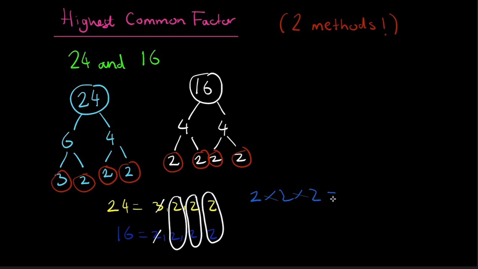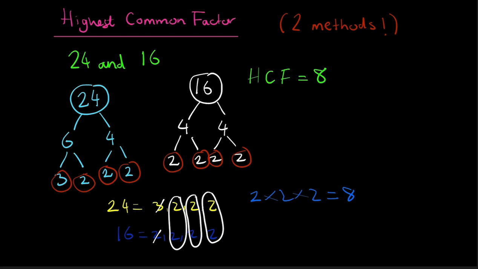So what is 2 times 2? That's 4, then times 2 is 8. So that means the highest common factor from 24 and 16 equals 8. So that's how you do it in the prime factorization way.